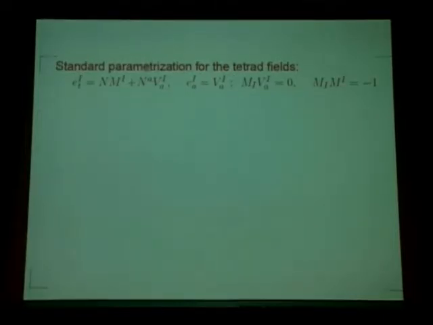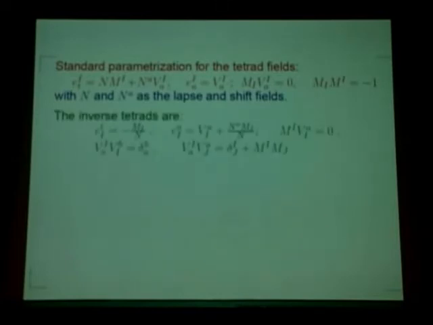We start with the standard parameterization of the tetrad fields, that e^I_t is the lapse times a time-like internal vector M^I plus the shift vector times V^I_A, where V^I_A is the same as the tetrad space components. And the inverse tetrads are given by these relations.